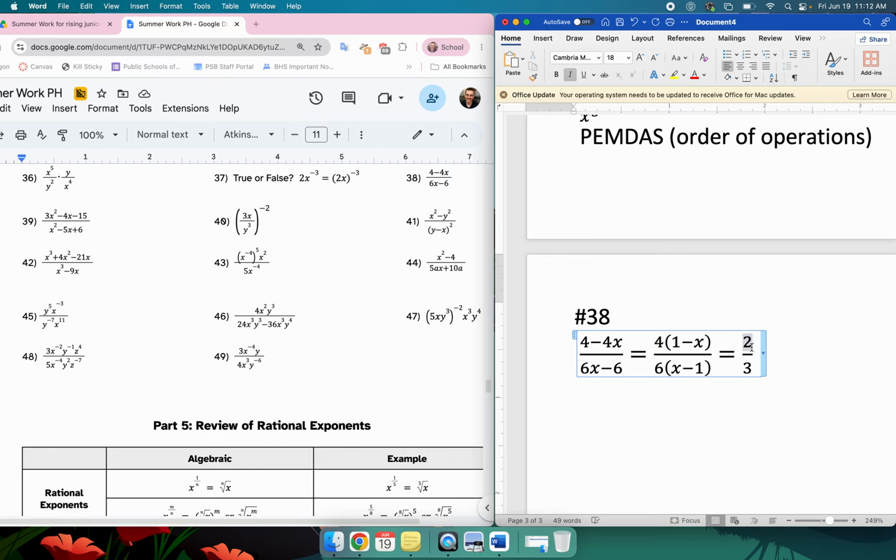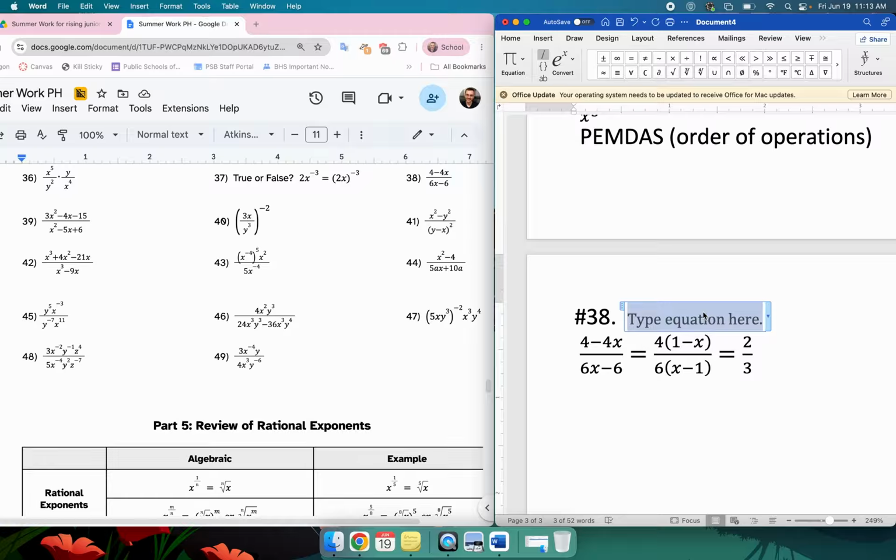The bigger mystery is, what's up with the 1 minus x and the x minus 1? Do those cancel? Because they're almost the same factor. If they are in fact the same factor, then yeah, they cancel. Are they the same factor? The answer is no, not exactly. Because if you change the order of subtraction, you get something different. 7 minus 10 is -3.